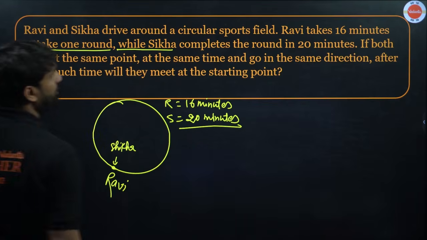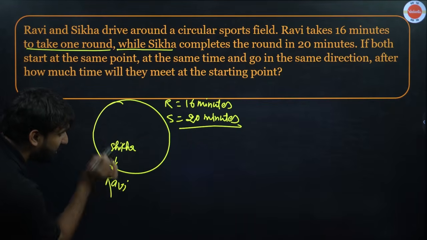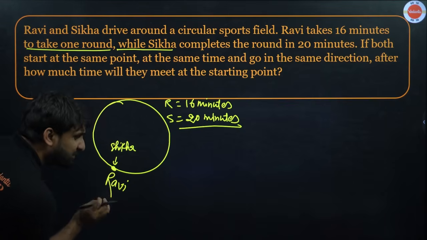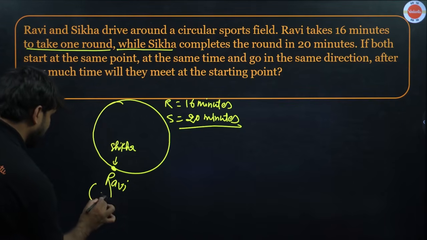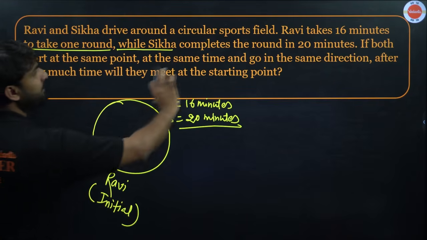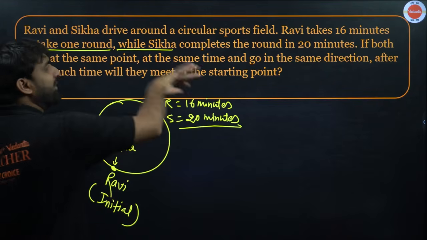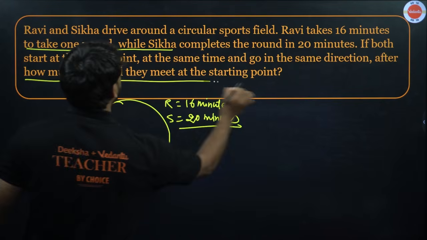If both start at the same point, as I have already told you, it means their initial point is the same. In the same direction, whether clockwise or anti-clockwise, after how much time will they meet at the starting point?